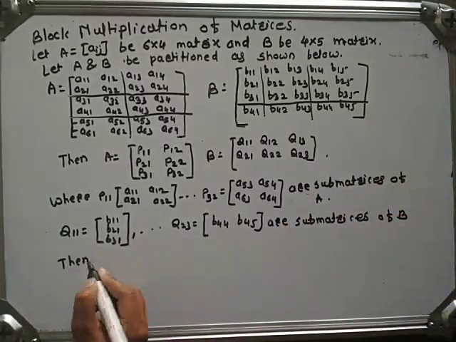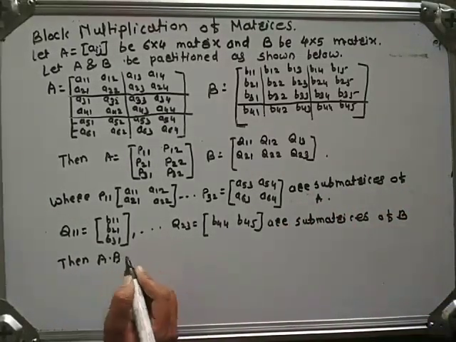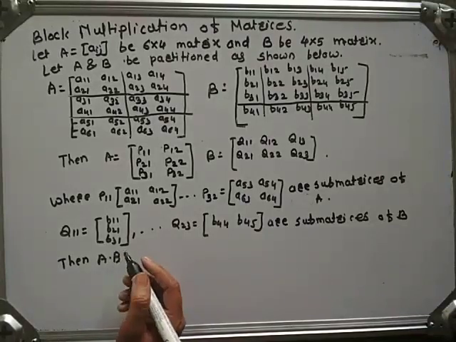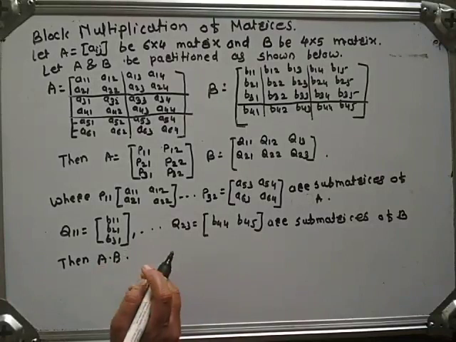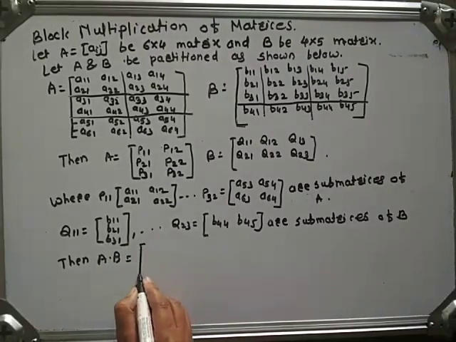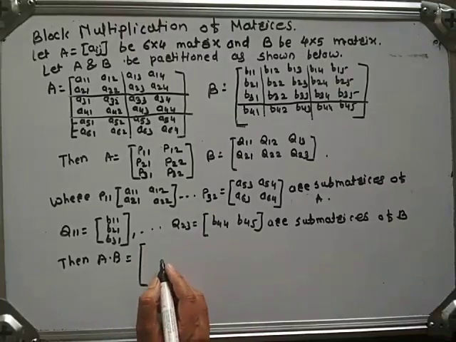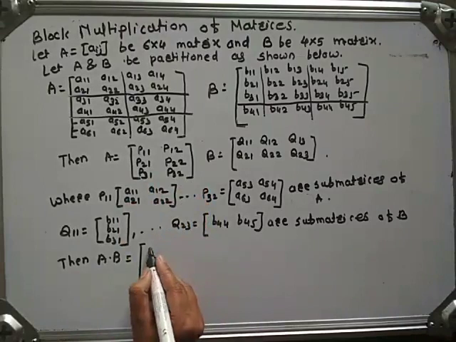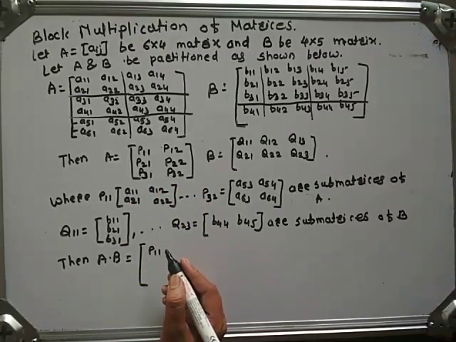Then we have block multiplication of matrices. It means we have to find A into B. This is equal to P11 into Q11, and so on.